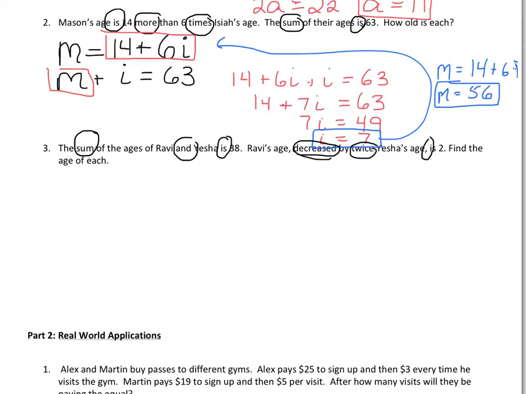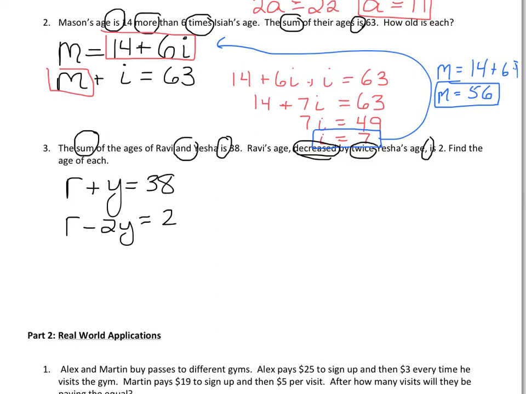So we'll use R and Y. So the sum of their ages, R plus Y, is 38. Ravi decreased, so subtracting, twice Yesha's age is 2.